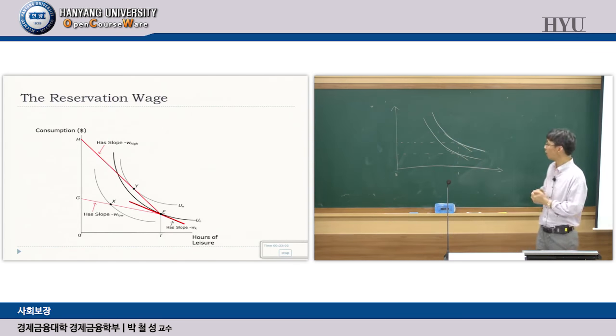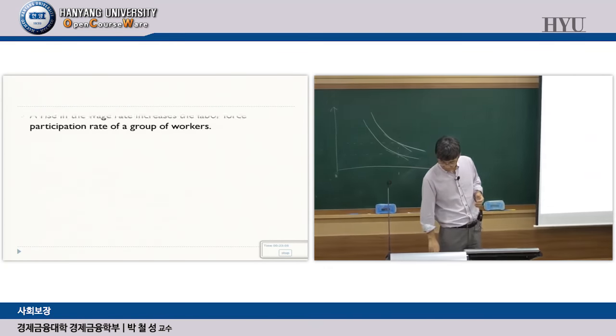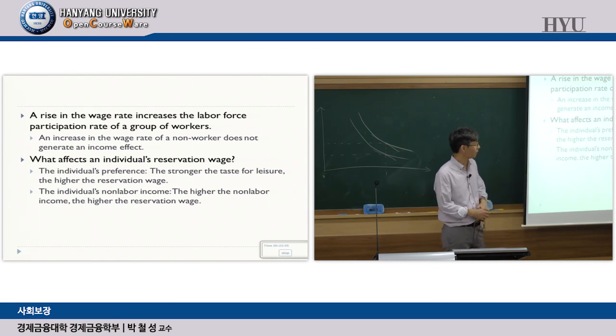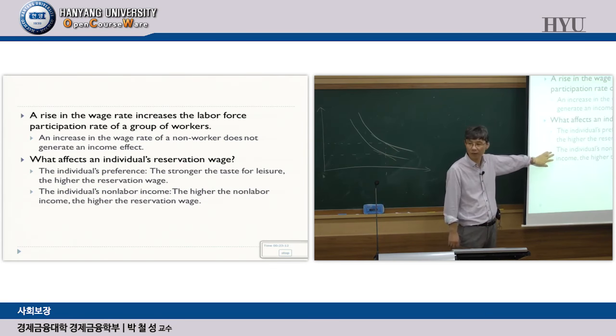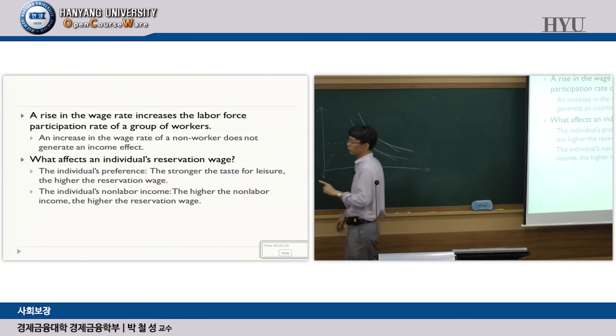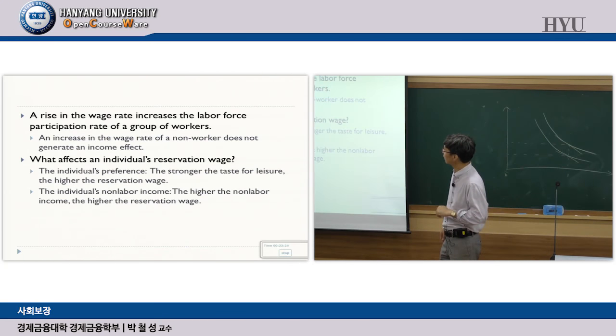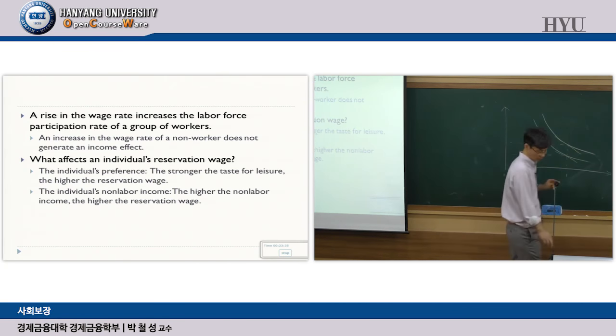So the second point is that higher non-labor income will make that individual's reservation wage go up. So preference and non-labor income will affect the reservation wage.